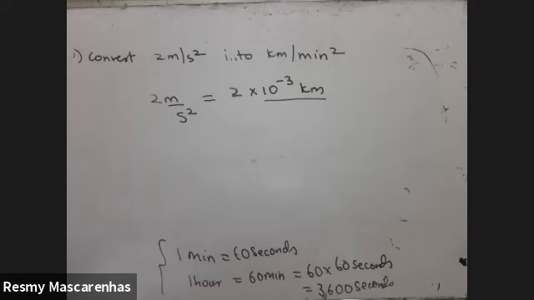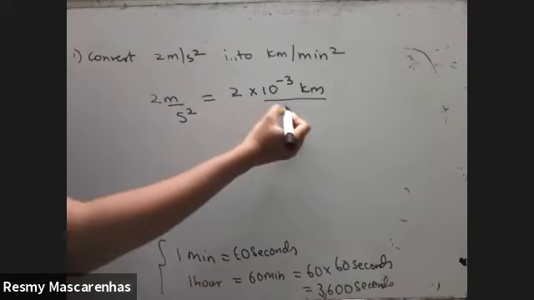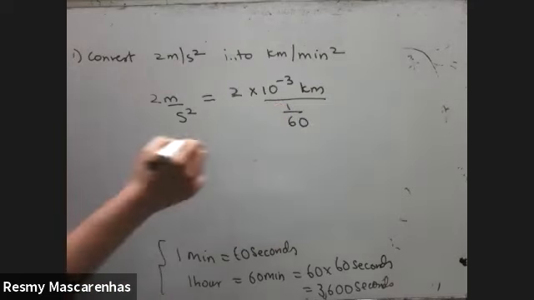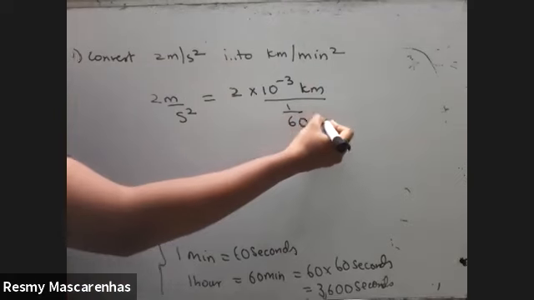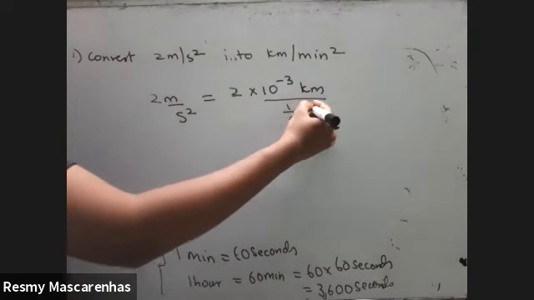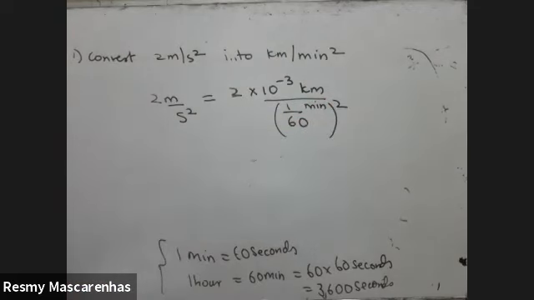Now second I want to convert into minute. So second into minute is 1 by 60. There's a square. Second square means 1 by 60 minutes square. Anyone who has not understood the substitution, you can ask.